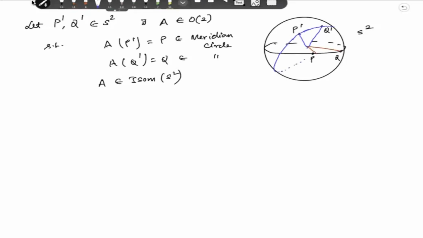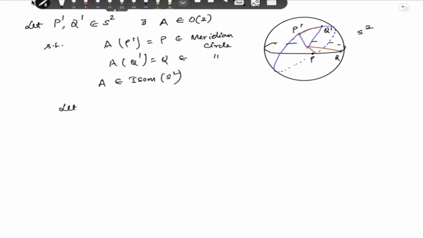So draw a great circle passing through P prime and Q prime. So this orthogonal transformation A will take the blue great circle to the black-gray circle, this meridian circle. So therefore this arc of this great circle joining P prime and Q prime will be a geodesic.